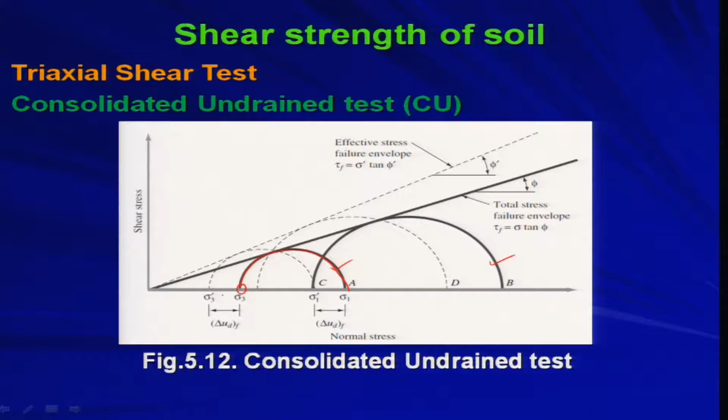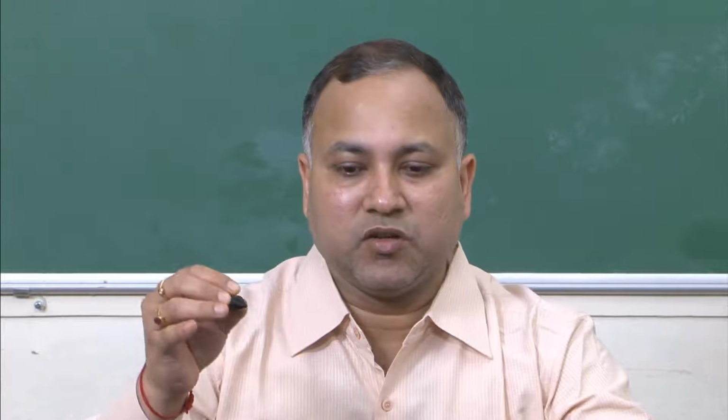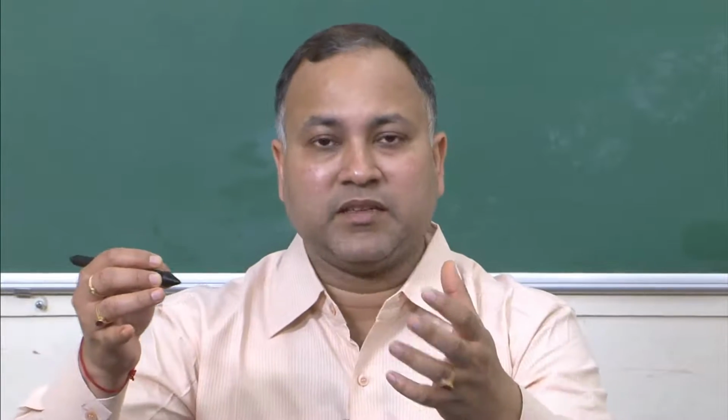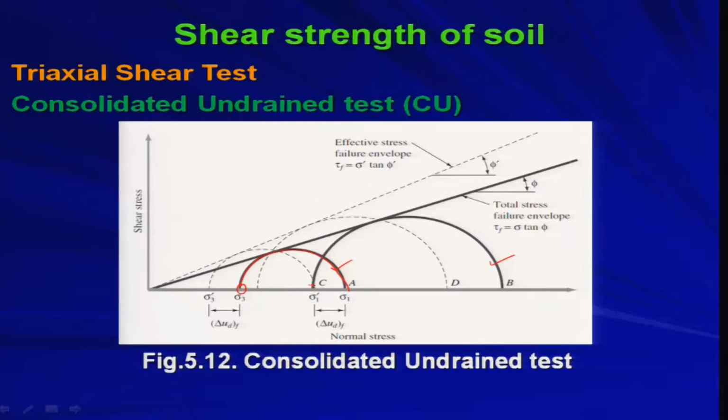Now, if you do the same test, the consolidated undrained test, for the same specimen but with an increased cell pressure, say at this point. You are using the same sample, the same test, but just increasing the cell pressure.